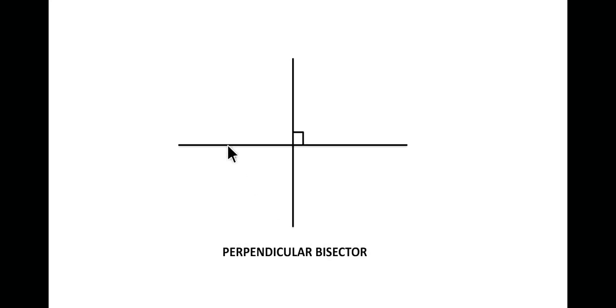And if the two lines are perpendicular to each other in such a way that this portion from here to here is equal to this portion from here to here, that means if the line is divided by the perpendicular equally into two halves, this is the perpendicular bisector.